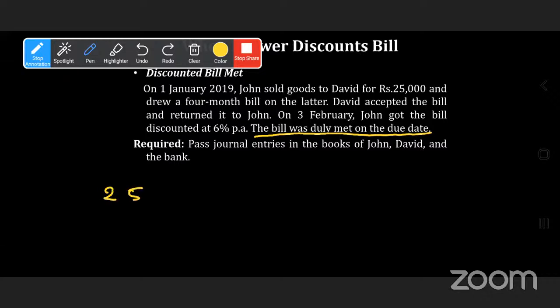25,000 into 6%. See, the bill is 4 months due. It is a 4 months bill. Already 1 month was over, so still 3 months are left.